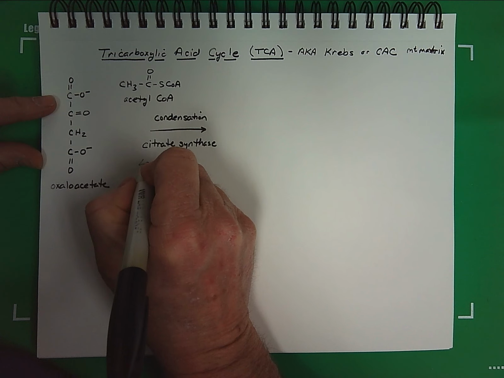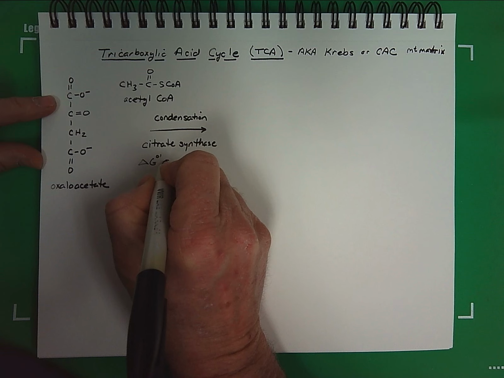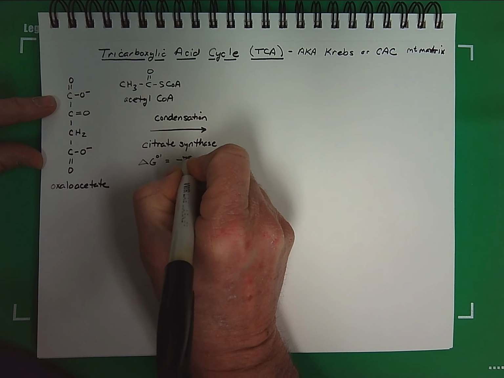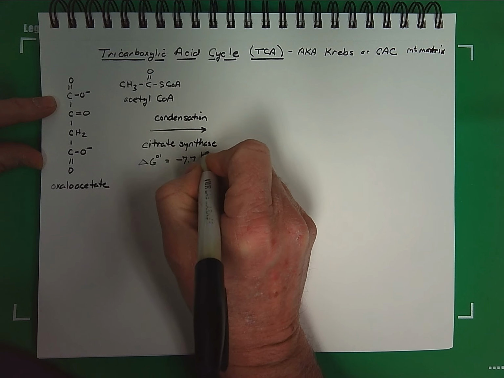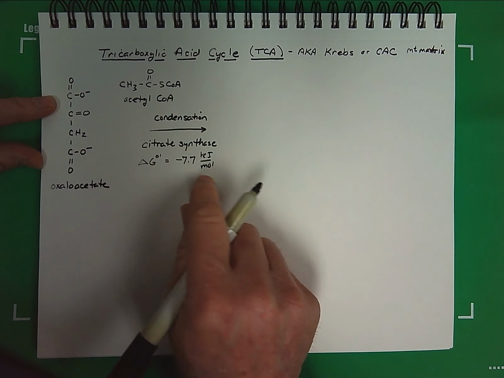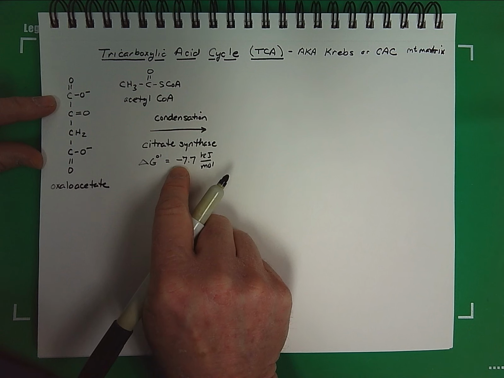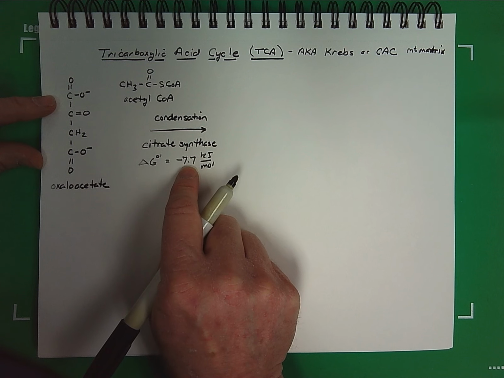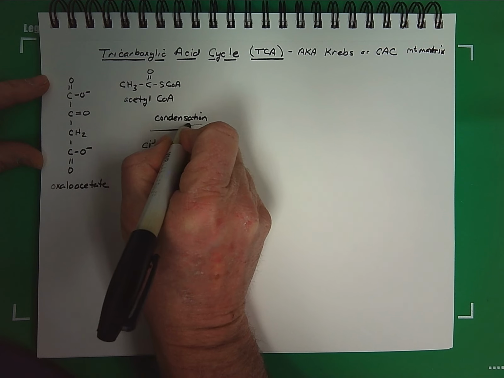Now the standard free energy change of this reaction equals -7.7 kilojoules per mole. Notice the large negative free energy change, so this indicates that this is a very favorable reaction, and it's going to move forward and not be able to reverse.